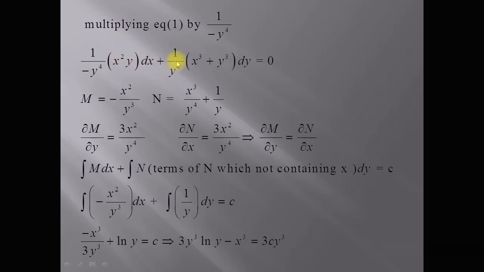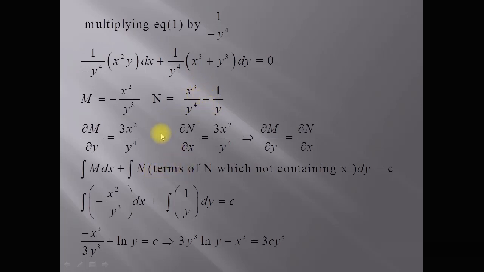So we can find its solution by using this formula: integration of the M function with respect to x plus integration of the N function with respect to y, but only those terms of N which do not contain x. Dear student, note that there is only one term in the N function which does not contain x, so we take only this term, because the other function contains x.